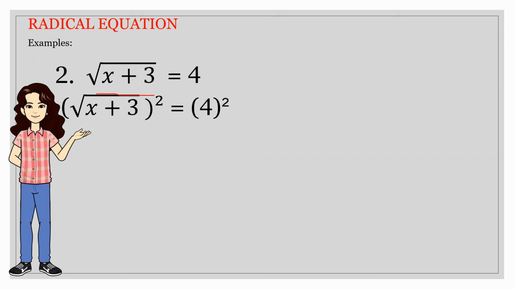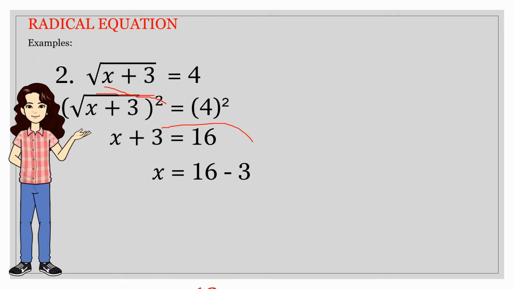After that, we eliminate the square root sign and the exponent of 2. So the left side is x plus 3 is equal to 16, because 4 times 4 is 16. Then we need to solve for x. So 3 is transposed to the right side, or using the subtraction property of equality. So it becomes x is equal to 16 minus 3, and 16 minus 3 is equal to 13.